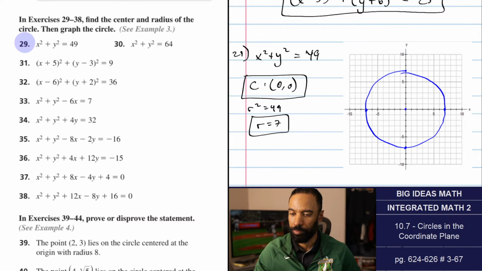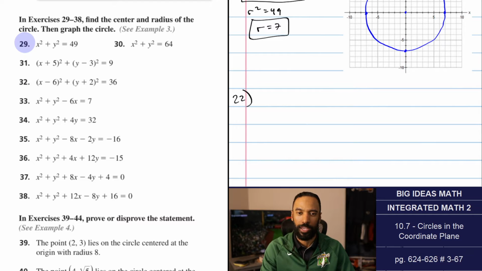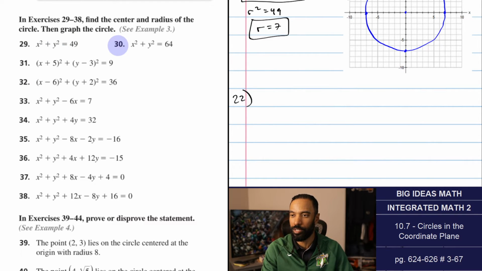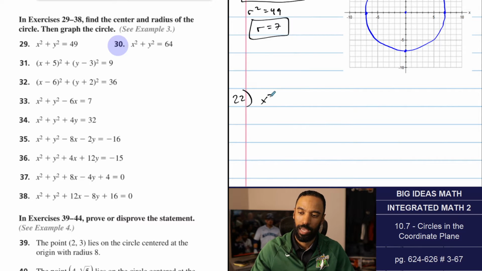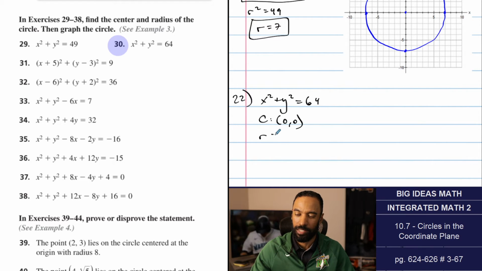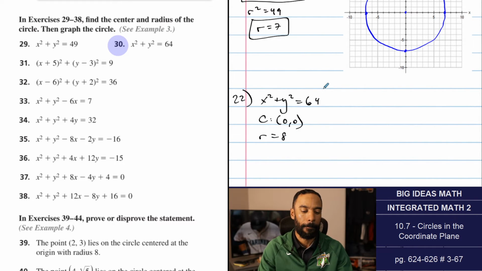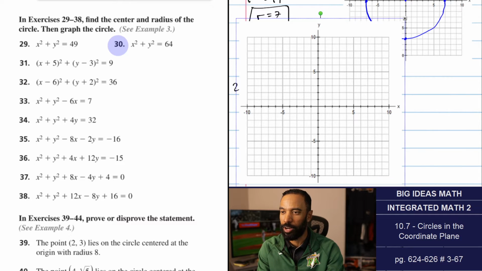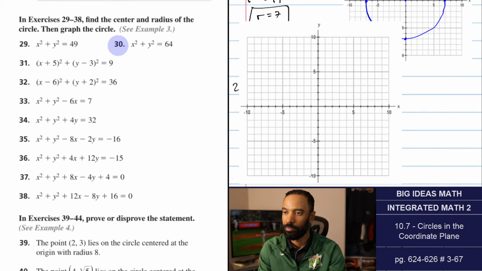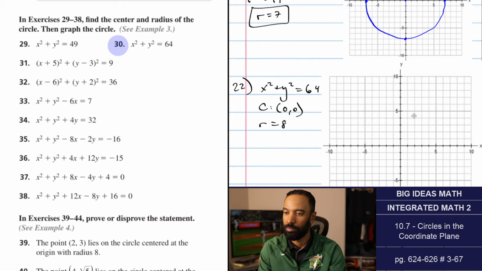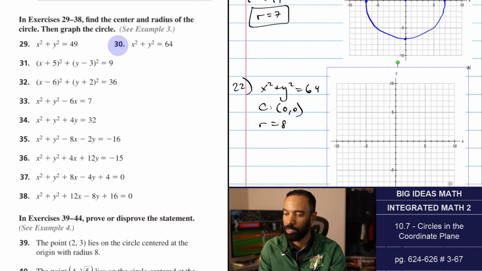Number 22. X squared plus y squared equals 64. This is so very similar to the last one. Center's at the origin. This time, the radius is 8. Square root of 64. So very similar looking graph. Shrink it a little bit.